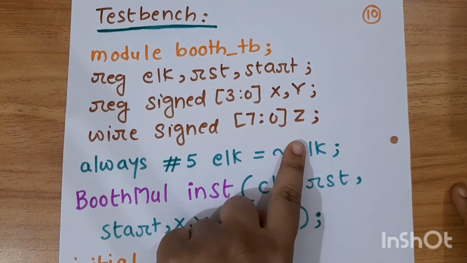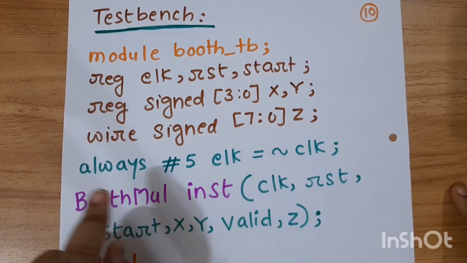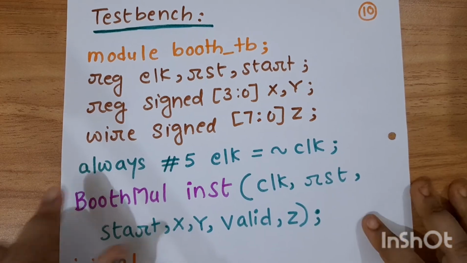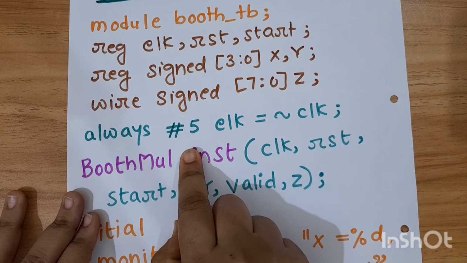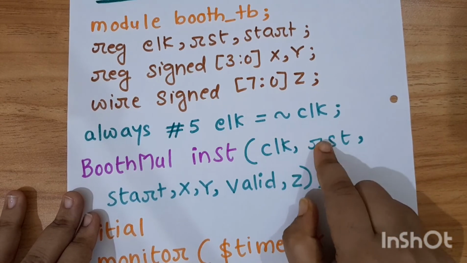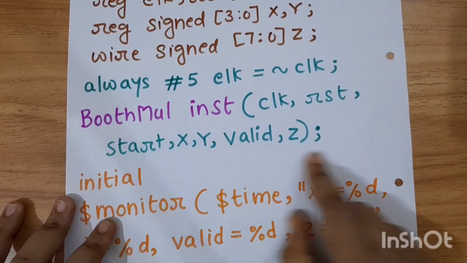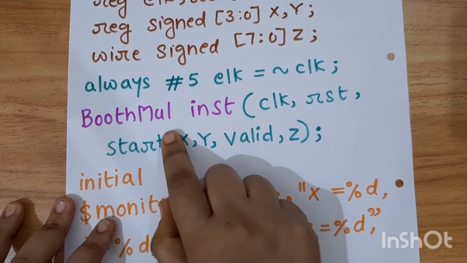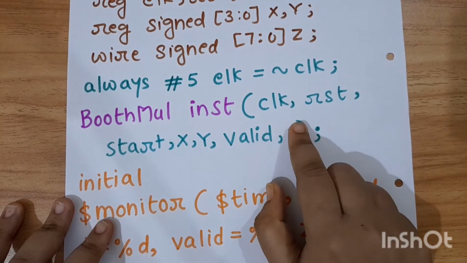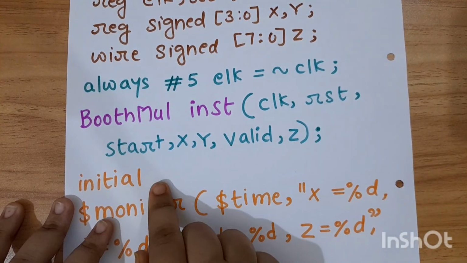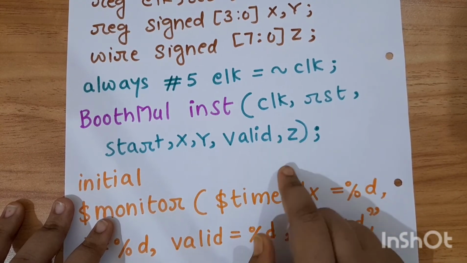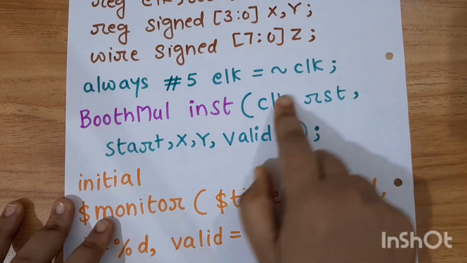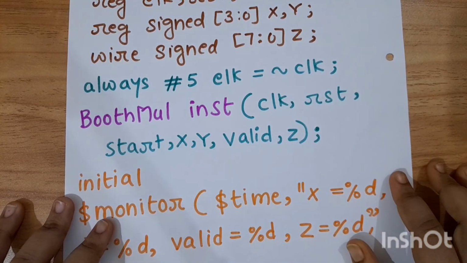That will contain the product of X and Y, and that is wire in nature. So clock generation circuit: always #5 clock equal to not of clock semicolon. Now instantiating the booth module, booth_mul instant: clock comma reset comma start comma X comma Y comma valid comma Z, bracket close semicolon. So this is the port list.